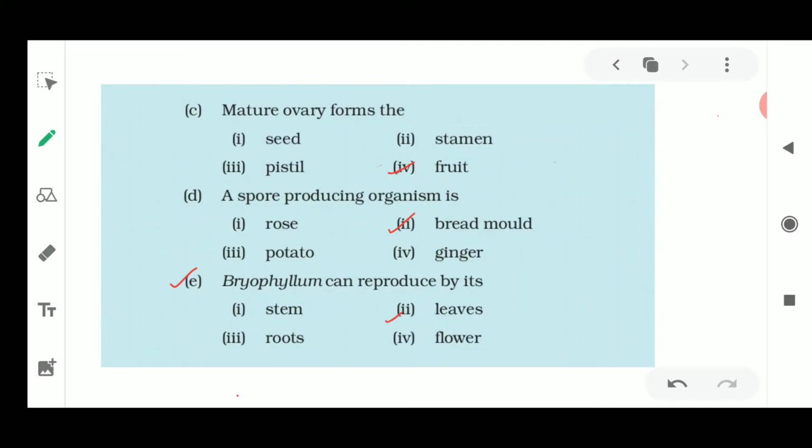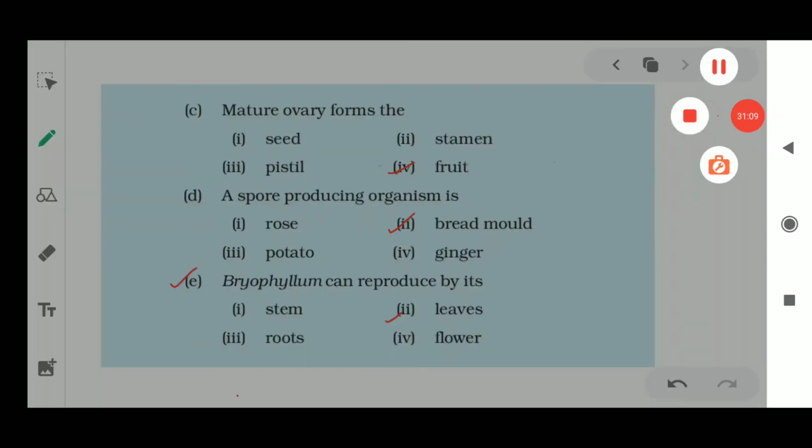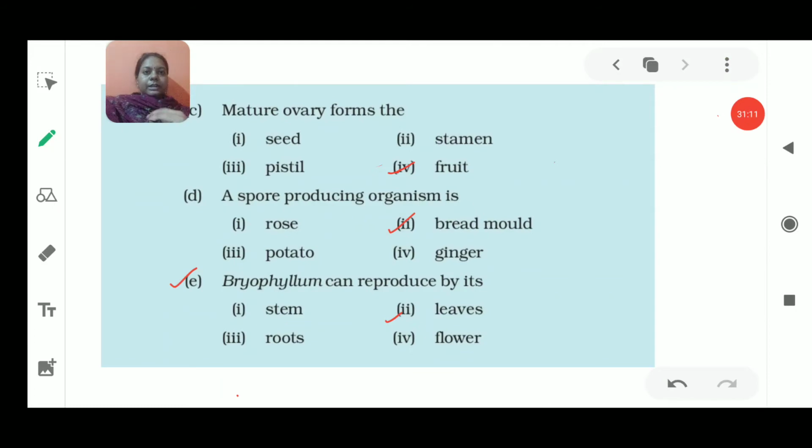So children, that's all was for today's video. As I have completed this chapter, I request you all to solve the question and write down in your copy so that it becomes a practice for you all. Draw all the diagrams. Okay, so you draw the diagrams also which is present in this chapter, and if you have not understood anything in this chapter, you could ask me in your online class, and I feel that you all should complete the work so that it becomes a practice for you all.